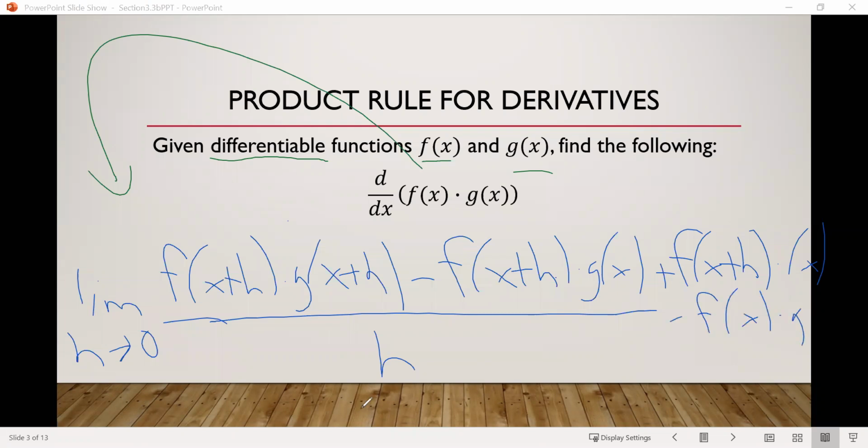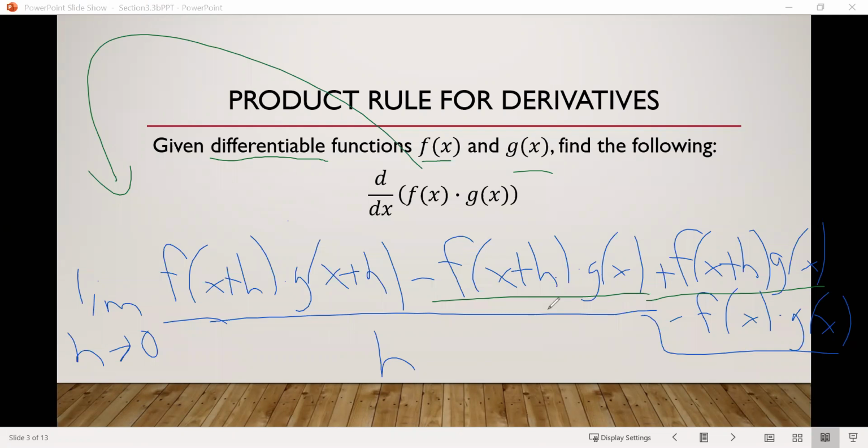Okay, so this last part I'm writing is on the top. And let's first of all think about why that's legal. Well, notice in the middle there, I've got a minus f of x plus h g of x and a plus f of x plus h g of x. And notice that if you combine those two things, they really make 0, right? So putting those two into the fraction there, I've just made 0.